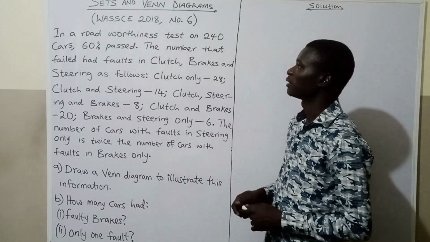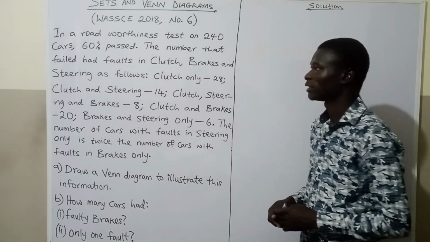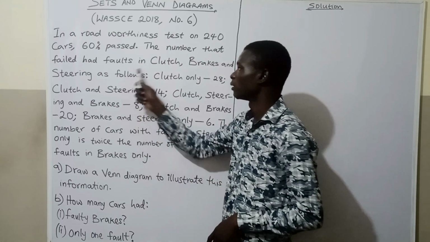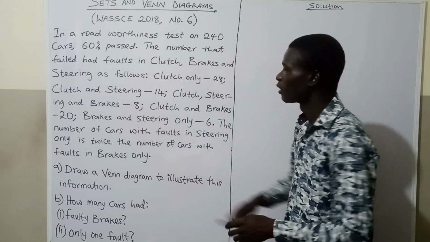In a roadworthiness test on 240 cars, 60% passed. The number that failed had faults in clutch, brakes, and steering as follows.